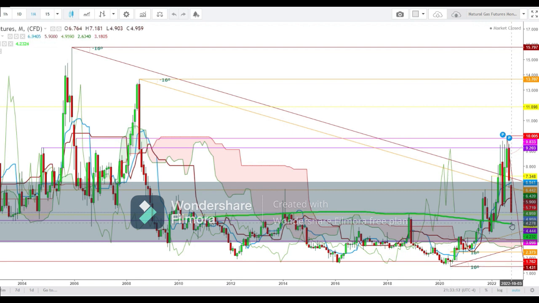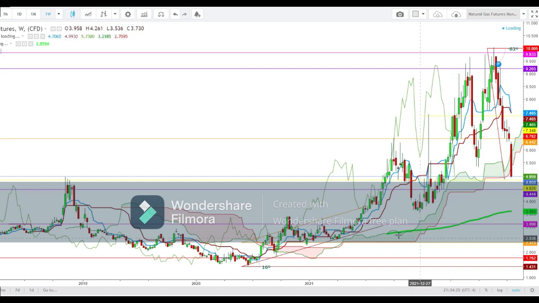So friends, here I find that the immediate support is at the 200 days moving average, which is currently at the levels of 2.232, and the next support is at the upper end of Ichimoku cloud, which is at the levels of 3.135, and finally major support will be at the levels of 2.635, from where a strong buying support can be seen in natural gas futures, because a downward move below this level could trap the natural gas bears, as big hedge funds will come forward to go long in natural gas futures. So friends, now let's check this move in a weekly time frame.